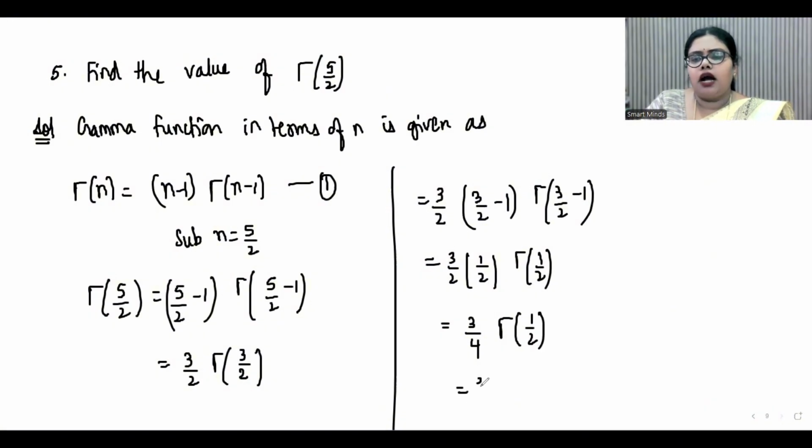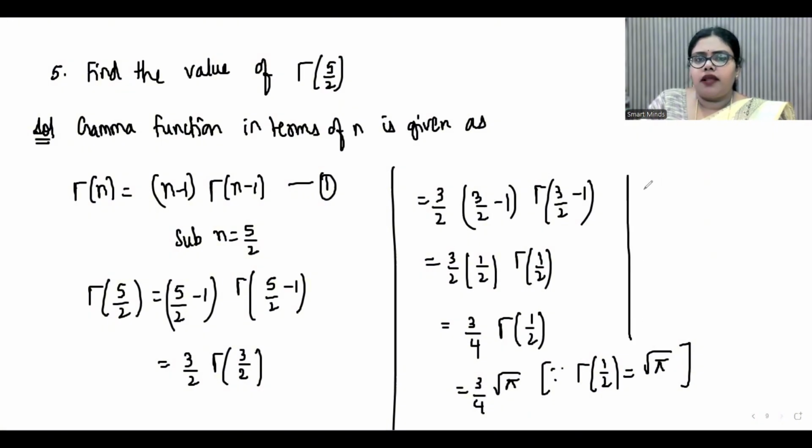But we know that gamma of 1 by 2 is root pi. Why? Since gamma of 1 by 2 is equal to root pi, we have a direct formula. So finally we can conclude gamma of 5 by 2 is equal to 3 by 4 root pi.